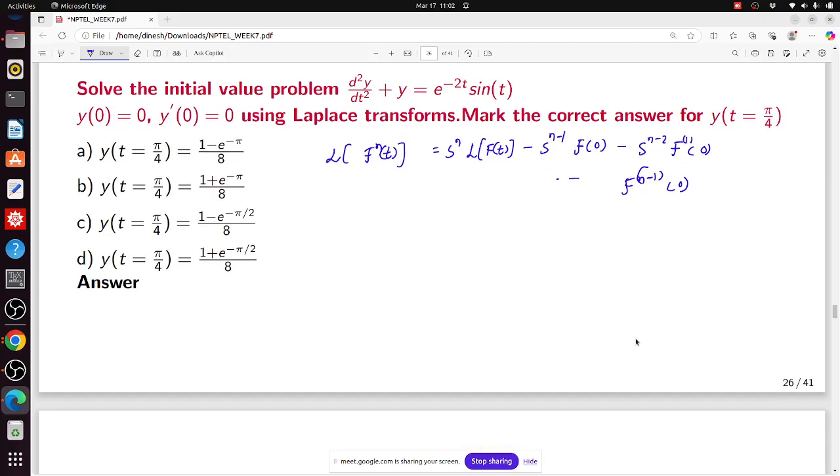So let's see how it looks. Let the Laplace transform of y(t) be capital Y(s).